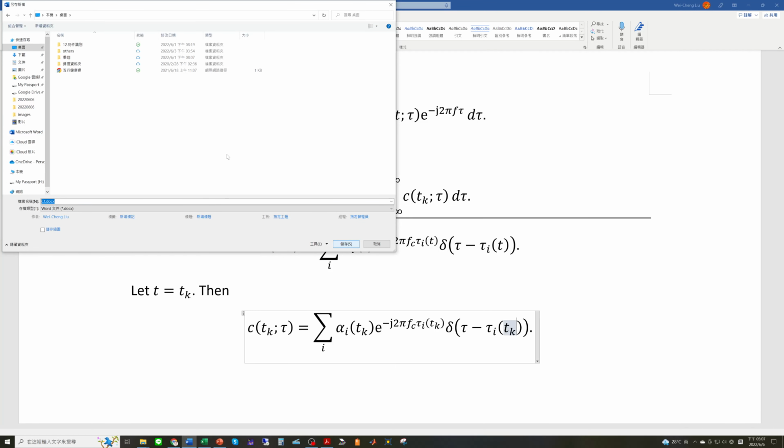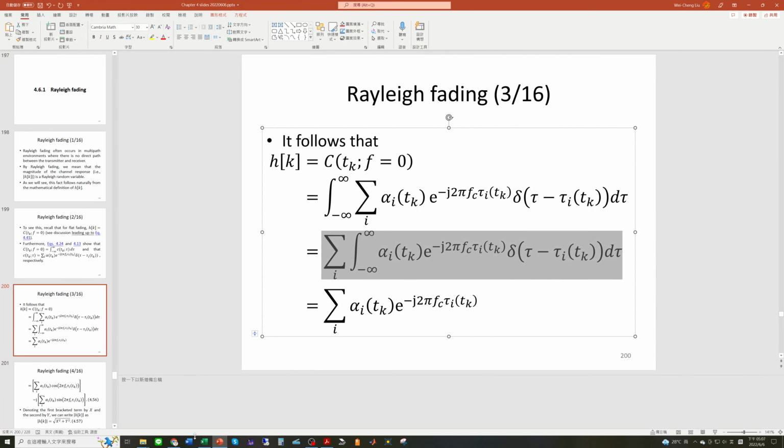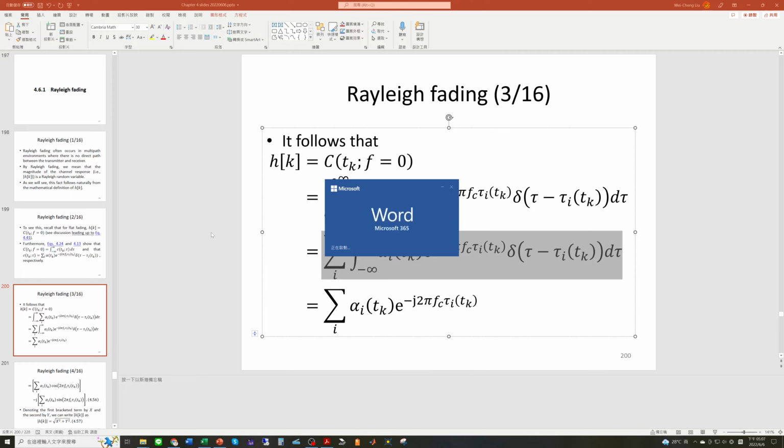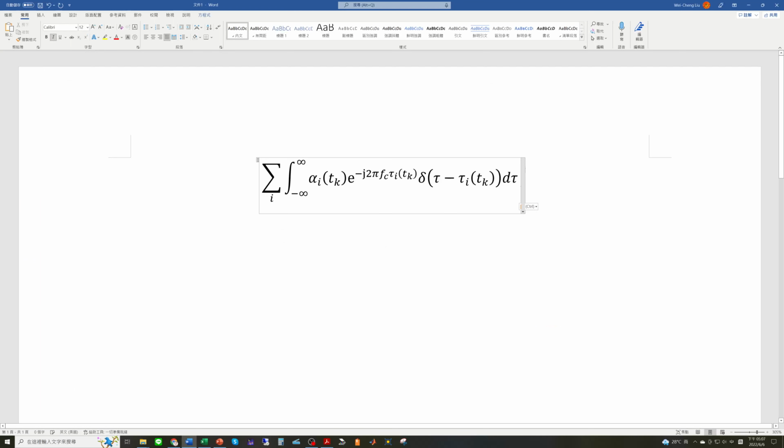Okay, good. Let me open a new Microsoft Word document. And this equation: you can see that alpha_i of t_k times exponential negative j2 pi f_c tau_i of t_k does not depend on tau.